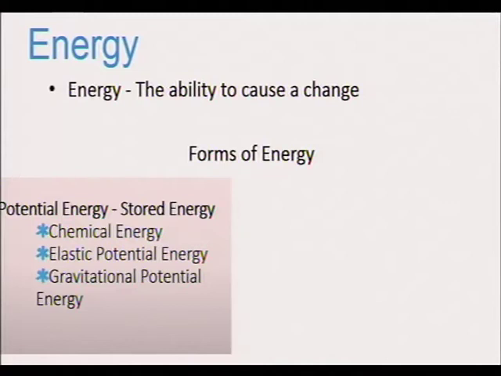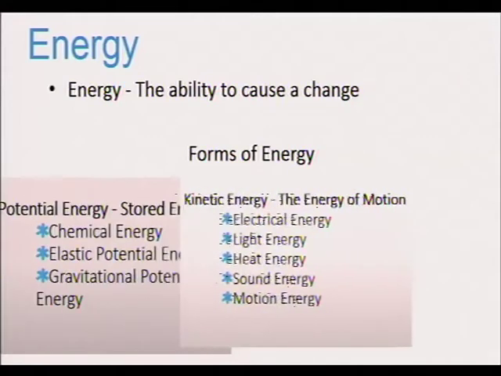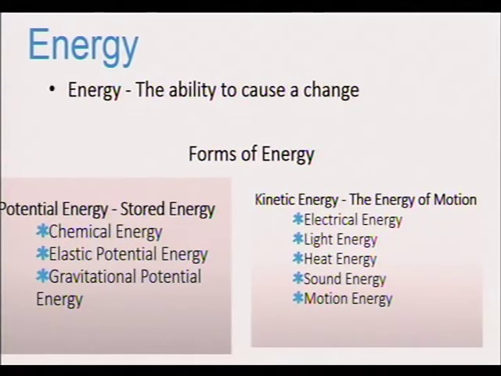You will be asked to define what energy is. You can define energy as the ability to cause a change. Energy is the ability to move things, or whichever way you define your energy. This is just a simplified version. And we have two main forms of energy: potential energy, which is stored energy, and kinetic energy, which is the energy of motion.